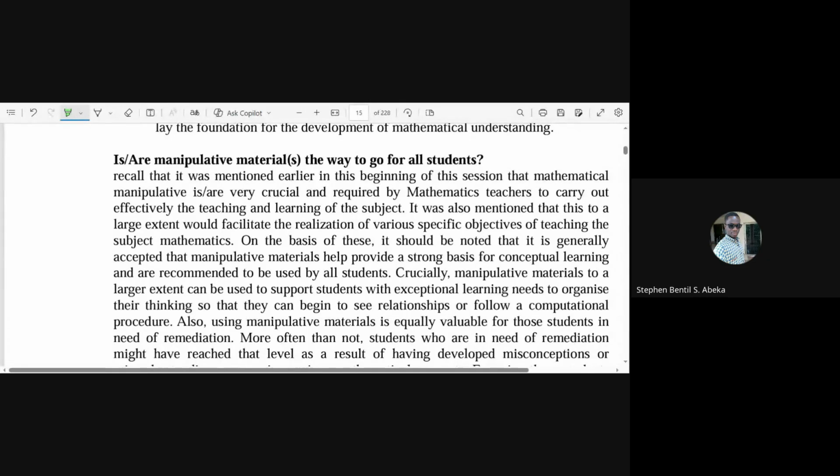And when the child is able to go from the concrete to the abstract, it is going to help the child, from known to unknown, to manipulate mathematical apparatus to understand mathematics very well. So I think manipulative materials should go for all students, sir.